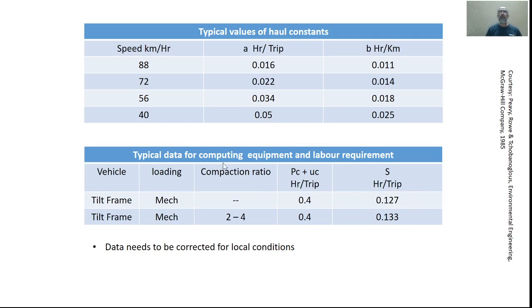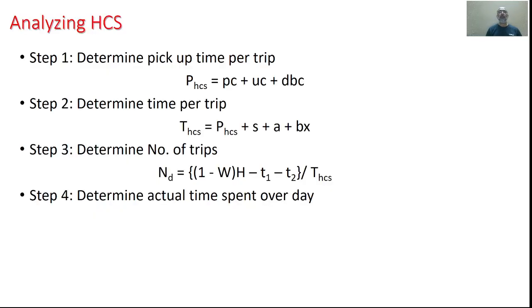Though this data is available, it needs to be experimentally determined for given locations, because the values of A, B, PC, UC as well as S will change depending on the mechanism adopted for that particular vehicle. So in order to analyze this SCS, we can follow these steps.